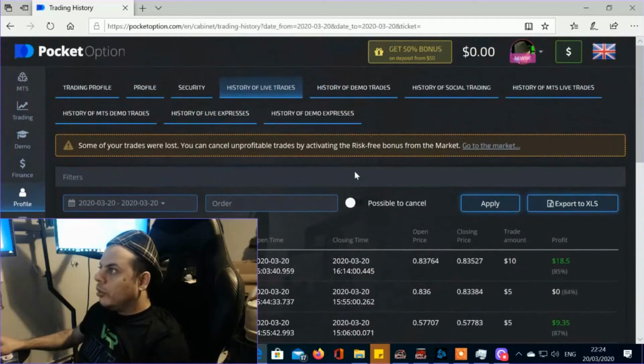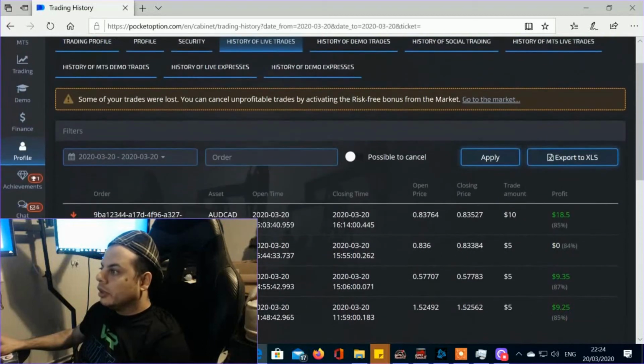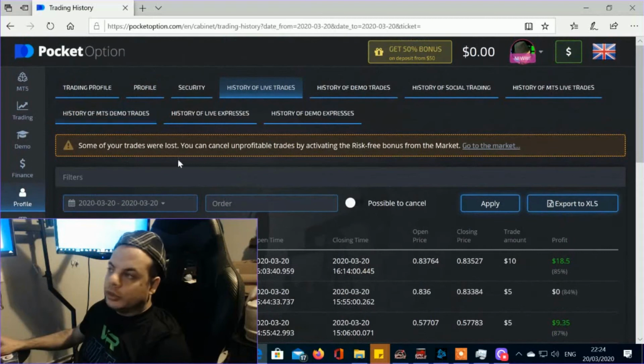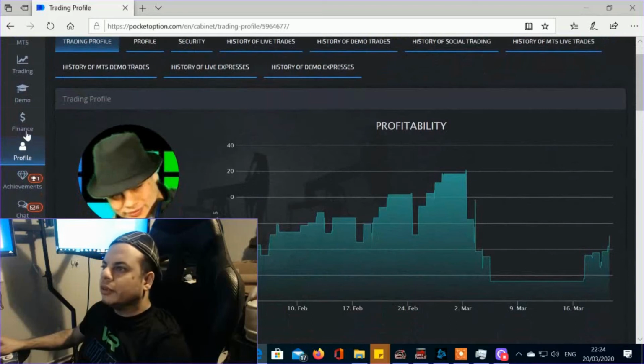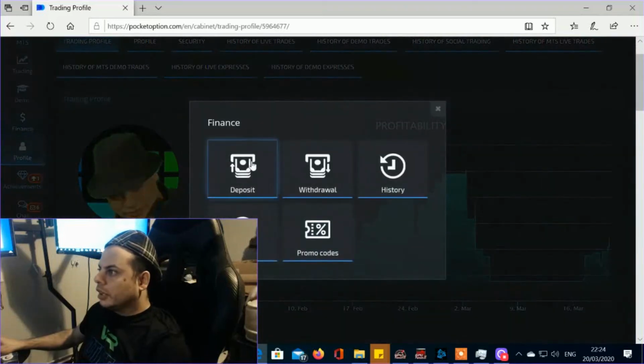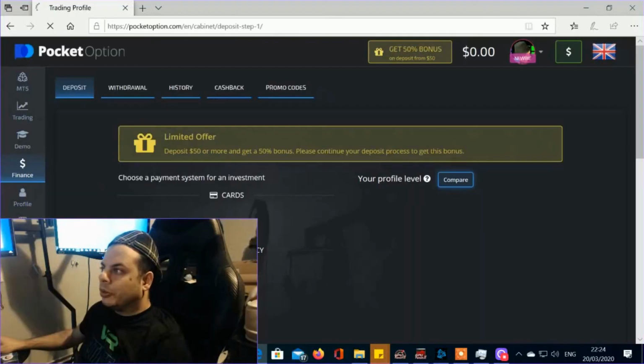Now, what I will show you is the procedure that I took, because I then had to make a withdrawal from Pocket Option. I need to go into finance, and if I go into deposit, this shows you all my deposit history.